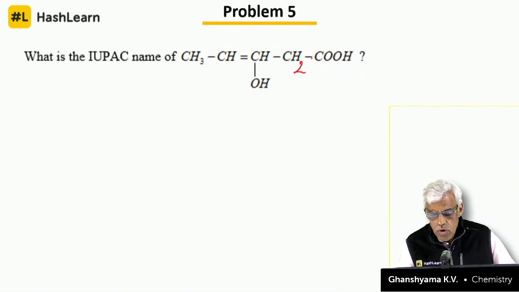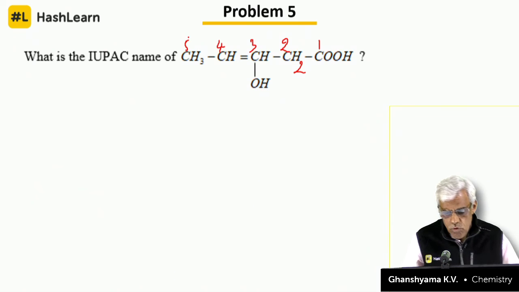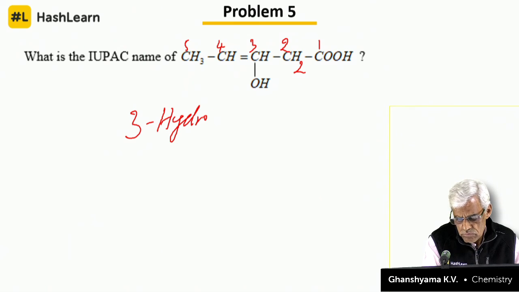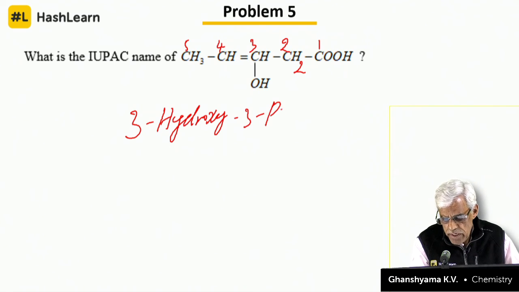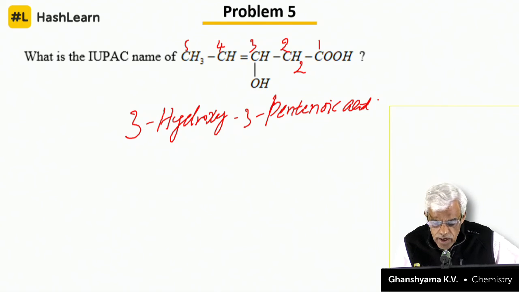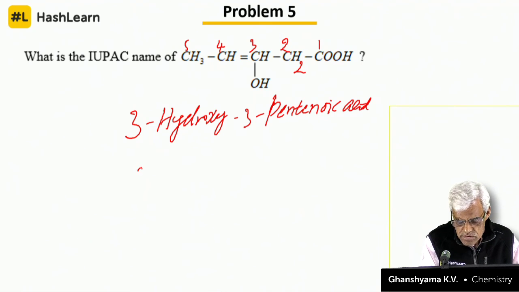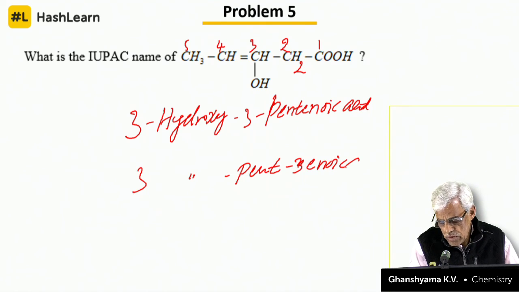Okay, right. Write the IUPAC name of CH3 CH double bond CH CH2 COOH, with OH on the third carbon. It should be CH2 COOH. So it should be 1, 2, 3, 4, 5. Therefore, it should be 3-hydroxy pentanoic acid. Sometimes they write it as 3-hydroxy pent-3-enoic acid.